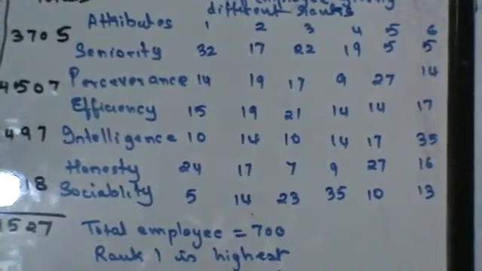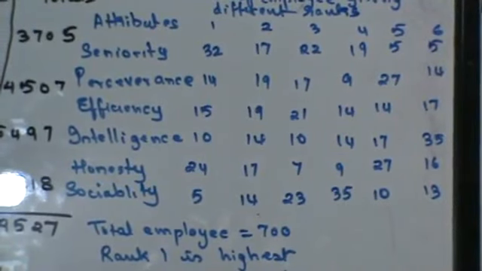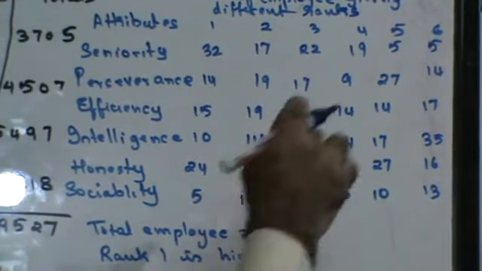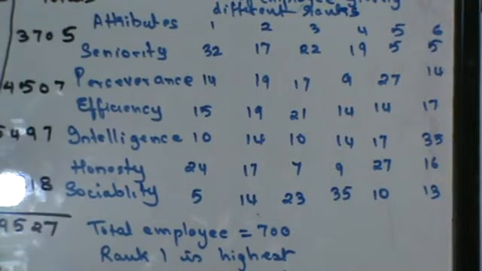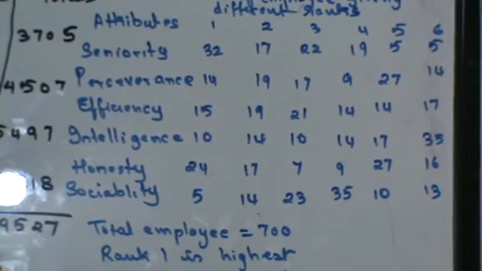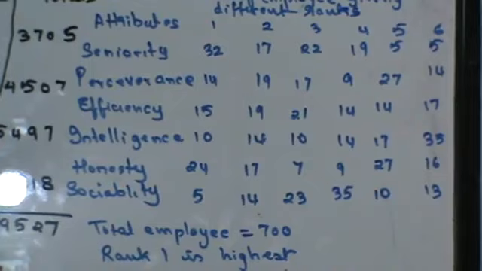In rank 6, find the attribute that has the highest percentage. In rank 6, the highest percentage is 35%, and the attribute that corresponds to 35% is intelligence. So intelligence is considered the least important attribute for promotion.